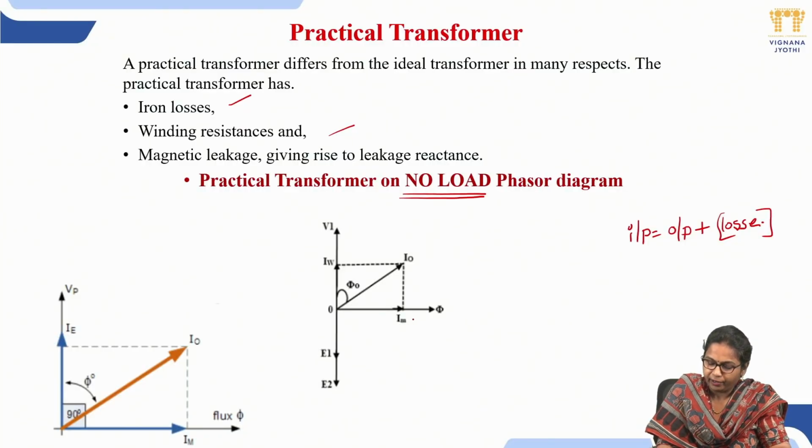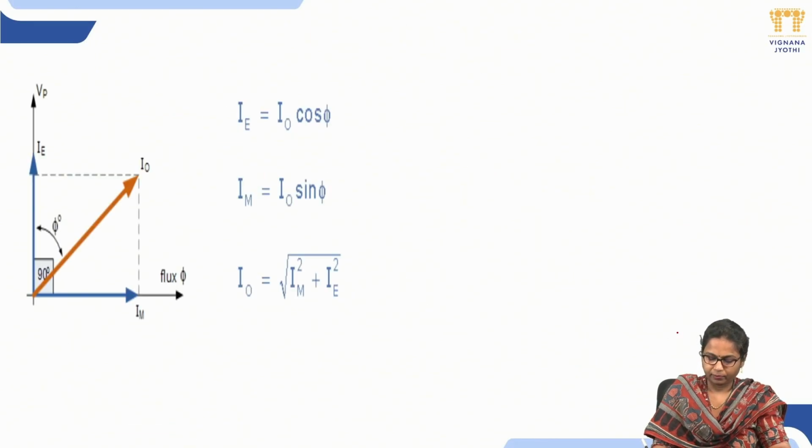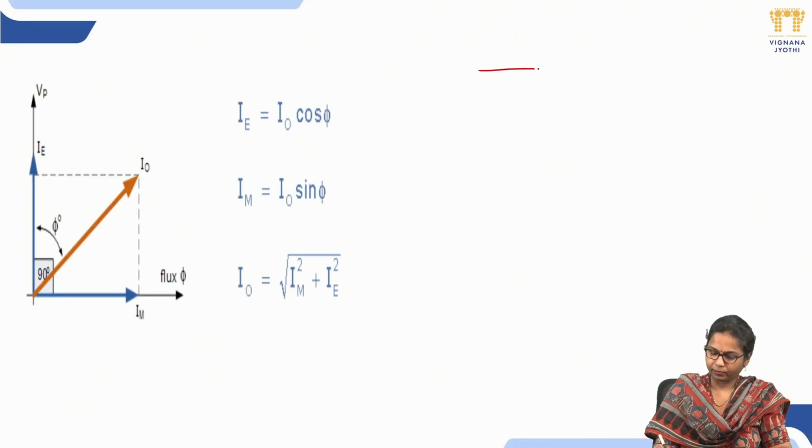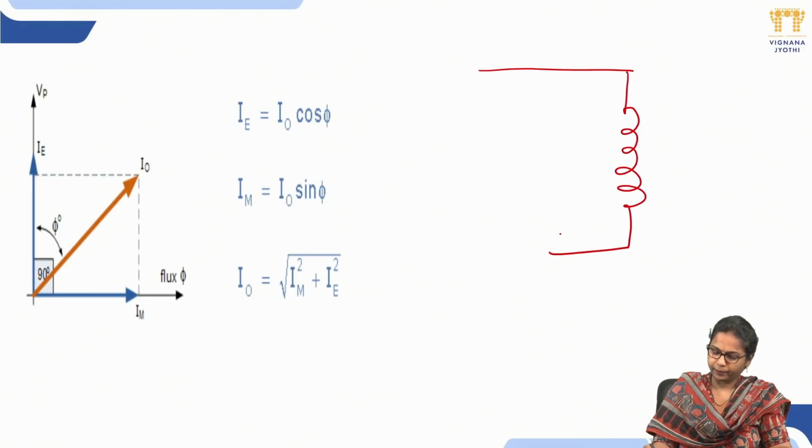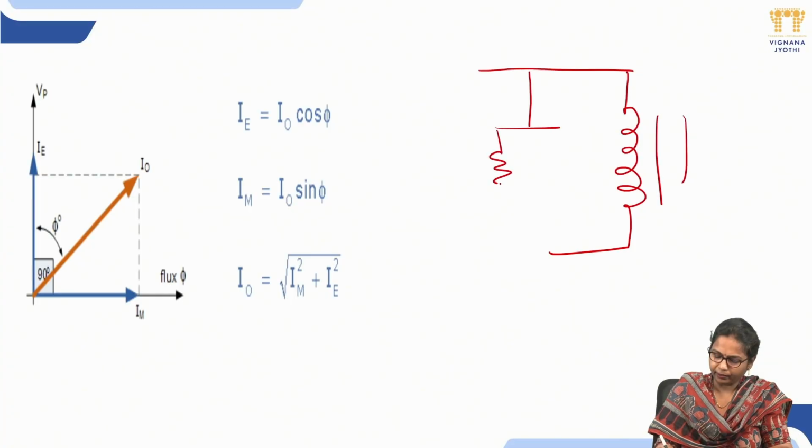So when we are talking about the practical transformer on no load, initially we will do this. Let us consider this is our primary, and here we will mark the values.